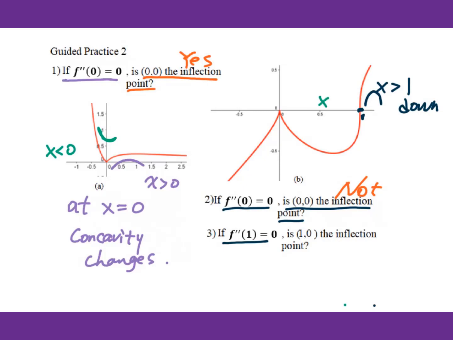When x is less than 1, you could see it's concave up. Since the graph has a concavity change at x equals 1, therefore (1, 0) is the inflection point.